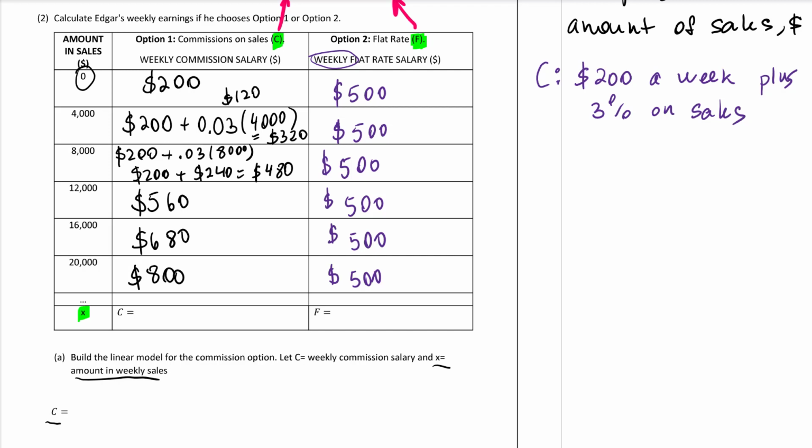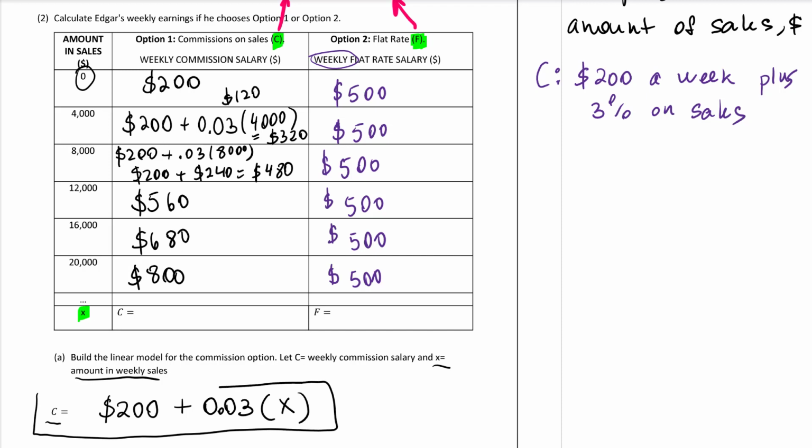Alrighty, so let's review. For each of the calculations, you had $200, correct? And then you added on what? 3%, and you multiplied by the sales. Here it goes. This is what we call a model. It's an equation that describes the situation for us.